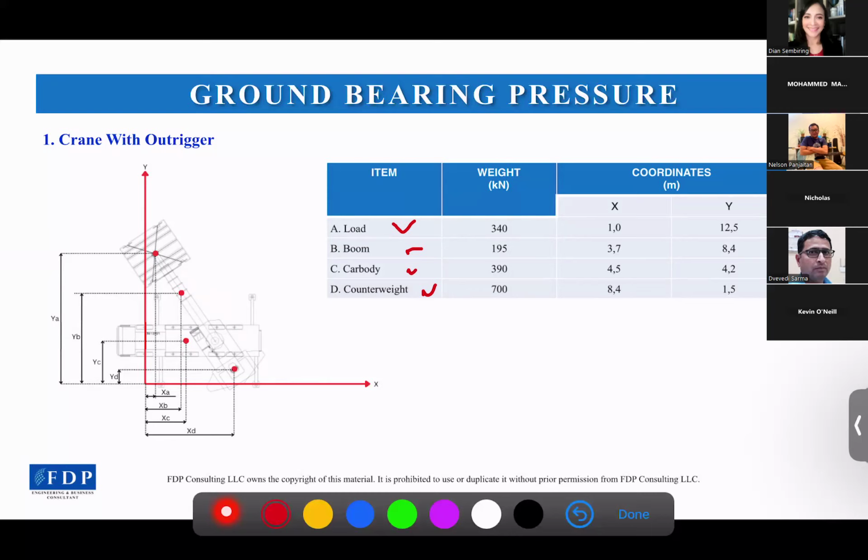And also we have the coordinates of each item here. Since we only need to find the ground bearing pressure, we only need the X and Y coordinates. The Z coordinate we will use for stability, like calculating the tilting angle.